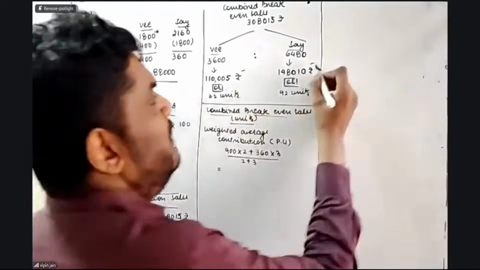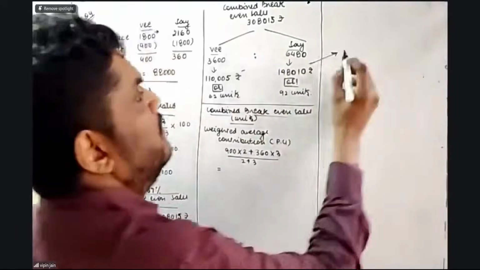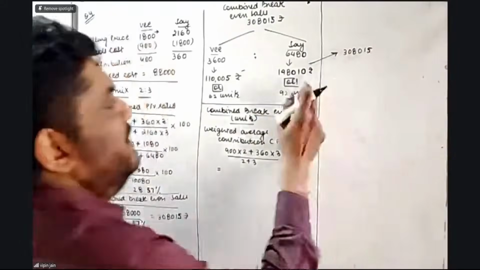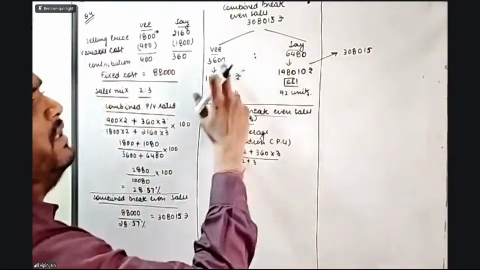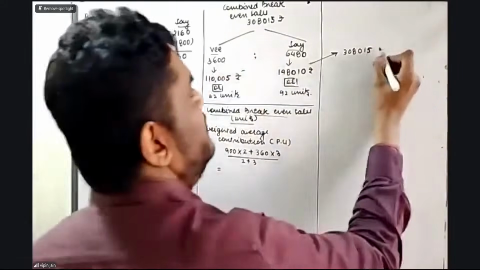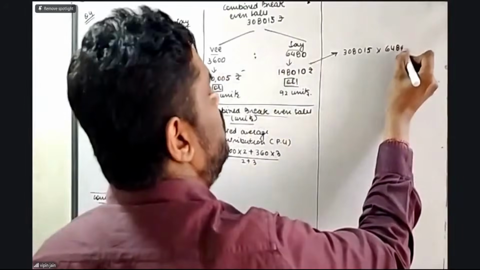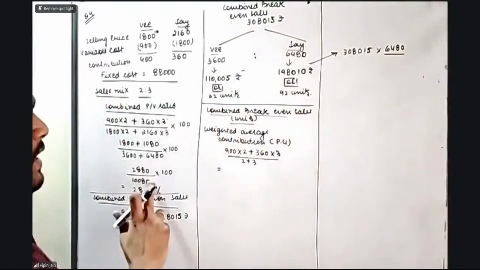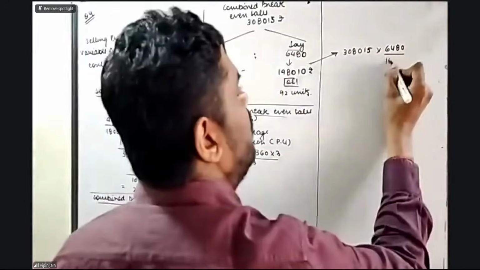How come we got this value? See, very simple. 308015 is the total break-even sales. We have to distribute it in this ratio. So here it is 6480 divided by the total of these two, which is 10080.